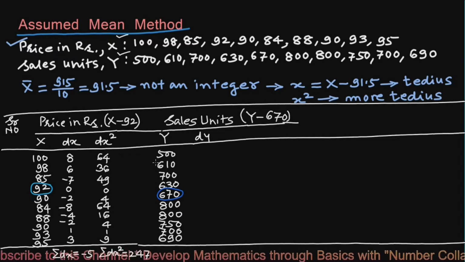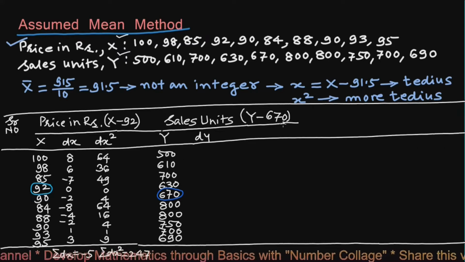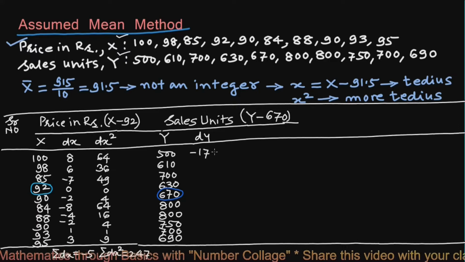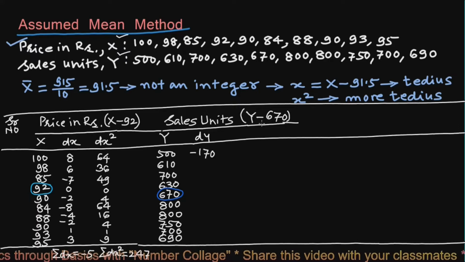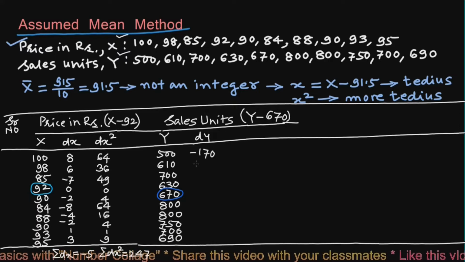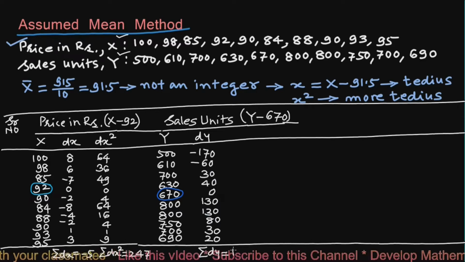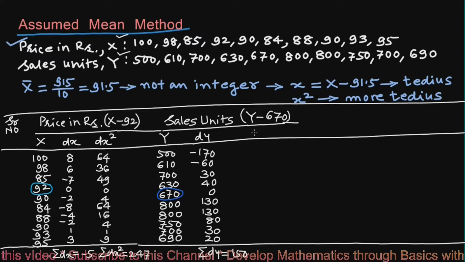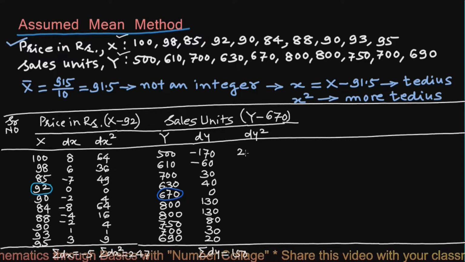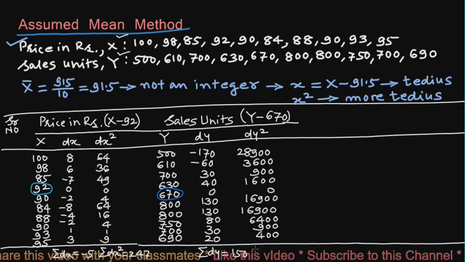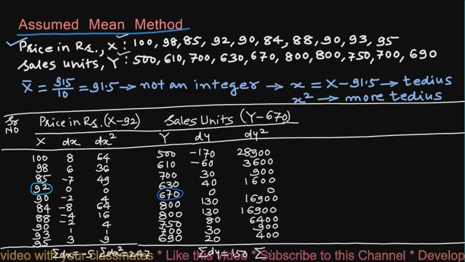So we get values of dy as 500 minus 670, minus 170, 610 minus 670, minus 60. We get summation dy as 150. Next we will calculate dy square. Minus 170 square is 28900 and summation dy square will be 76500.